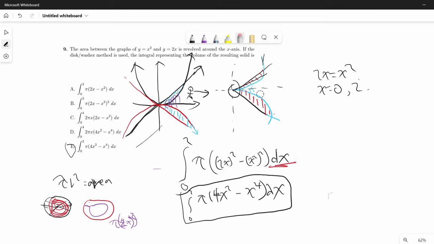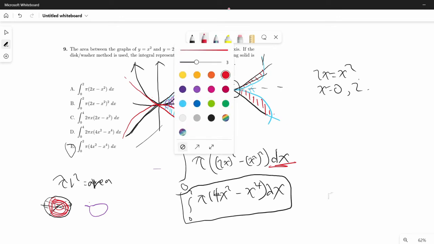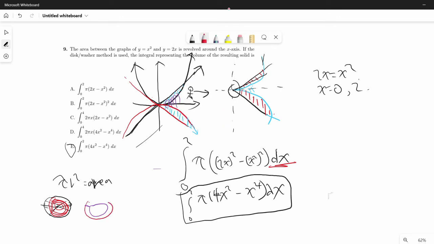Make sure I get the right colors. Right, so for the outside it's a line, so it's pi times that squared. So that's the area of the circle like this, right?